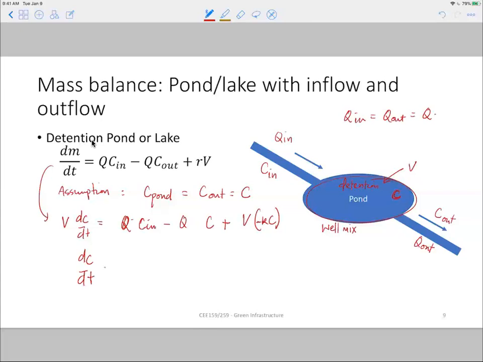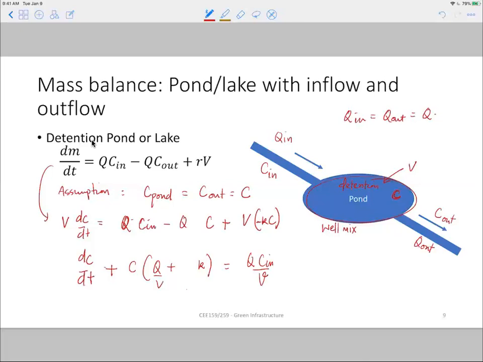Then if we take all the terms that come out of the system here, plus take C common, so Q plus V K would be equal to, if we divide by the volume V on both sides, V cancels, so this term would be Q C in by V. So this is just a rearrangement of the volume term from both sides and taking one side to the other side.